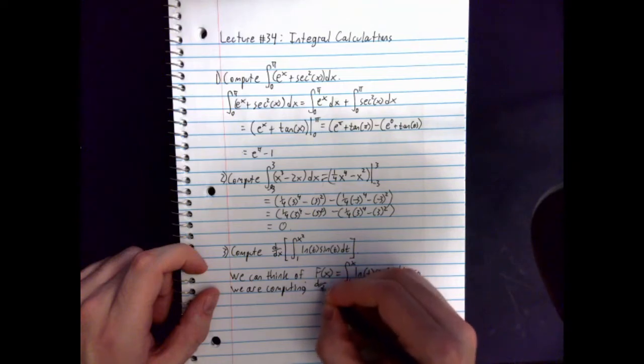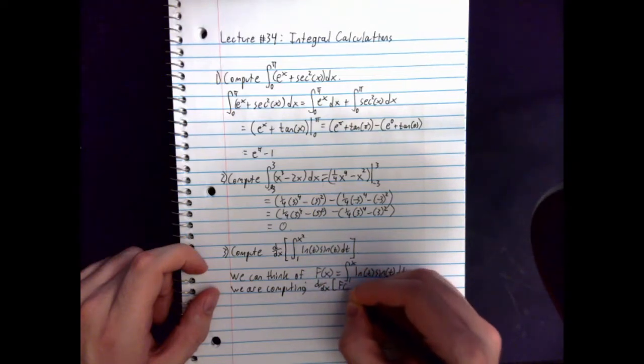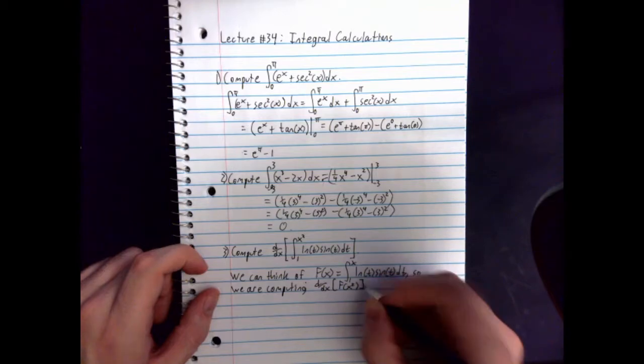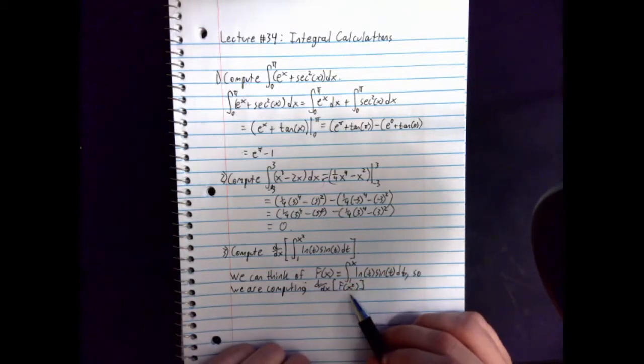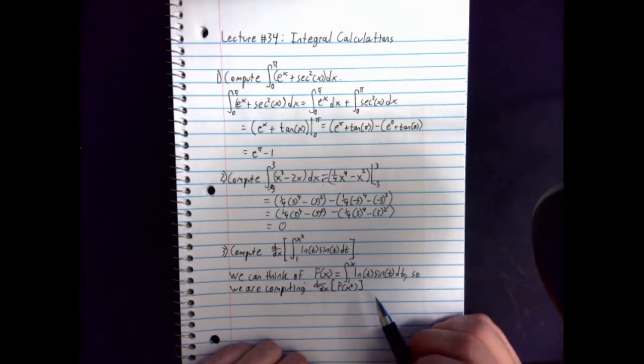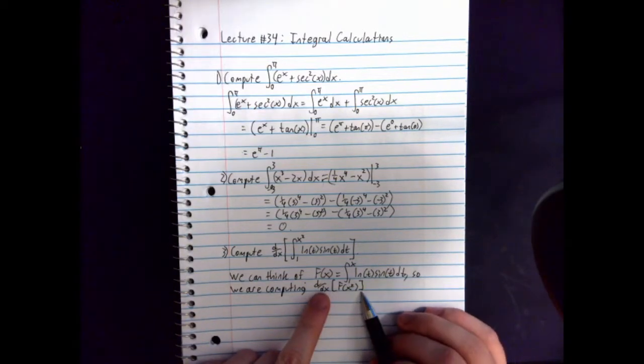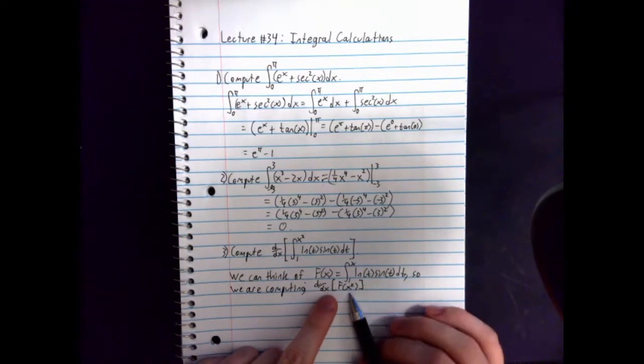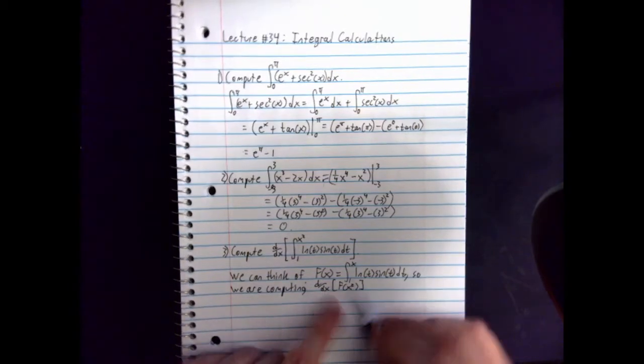So we are really computing the derivative of f of x squared, right? I'm just taking this integral and plugging in x squared for that upper limit. Well, if I want to compute this derivative, I'm going to have to apply the chain rule because I have a composition right here.